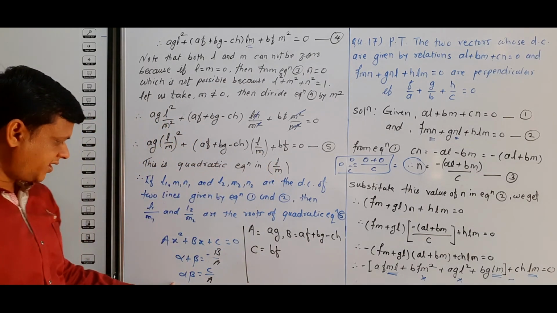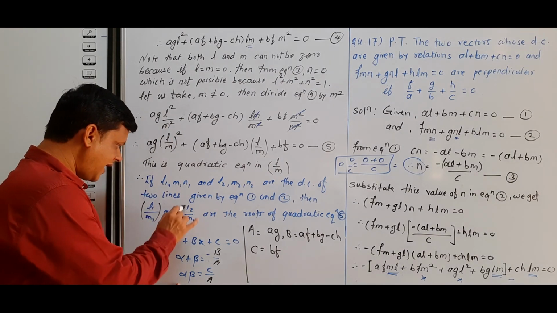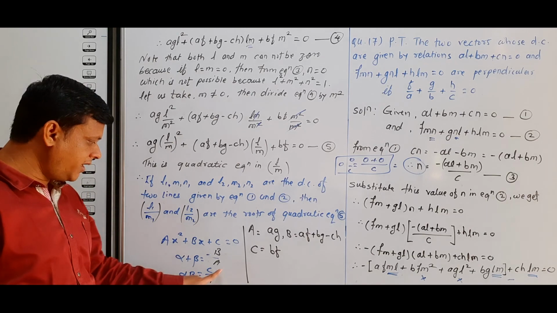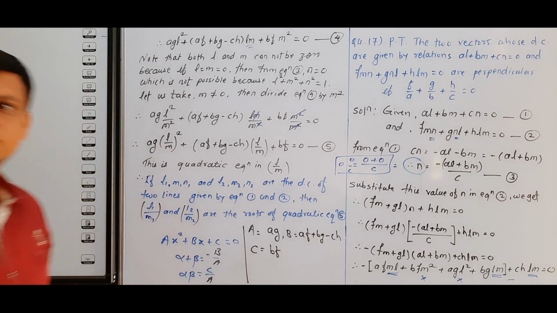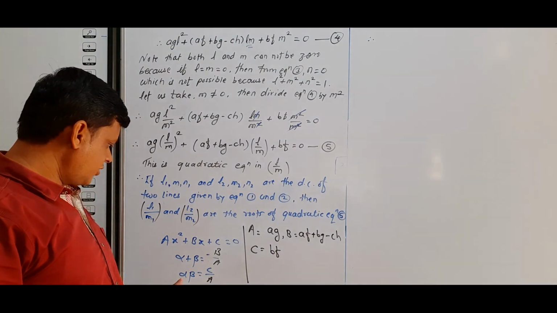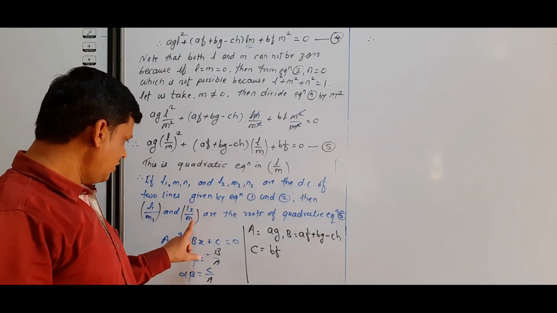Now we use this concept. If L1 upon M1 and L2 upon M2 are the roots, then their product must be equal to C by A. So in place of alpha and beta we write L1 upon M1 and L2 upon M2.